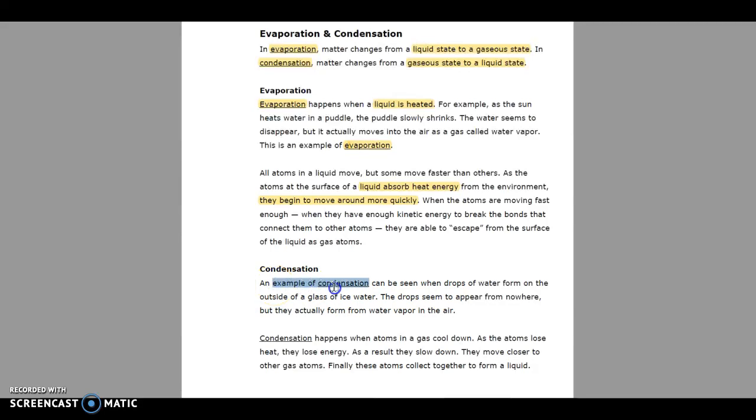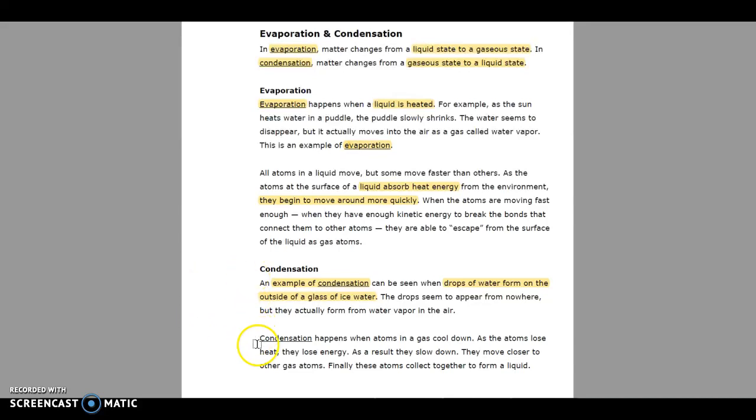So example of condensation is when drops of water form on the outside of a glass of ice water. So you can write down whatever you find important or whatever it takes for you to remember this example in the margins.